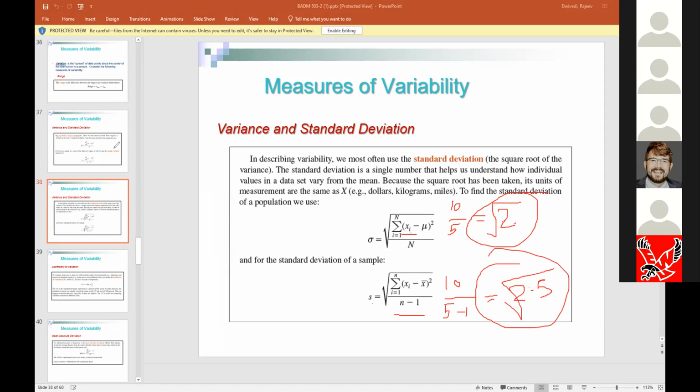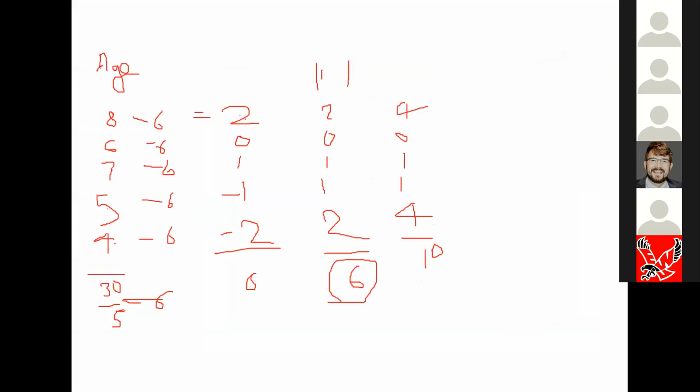Now let me explain on the whiteboard again. I hope now you can see my whiteboard. So look into this. This is sigma squared, or I will write here variance equals standard deviation squared.